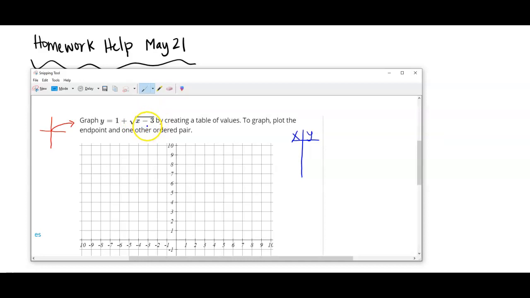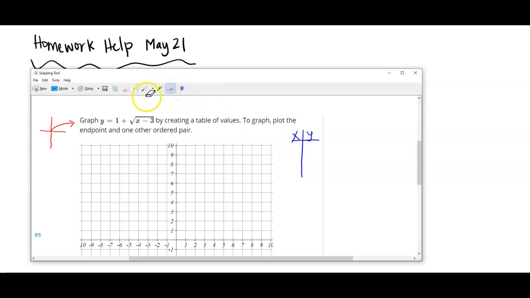If I tried x equals 0, I can't, because 0 minus 3 is -3, and the square root of -3 is not a real number. So I have to pick values that are 3 or bigger. Make sure that is clear.